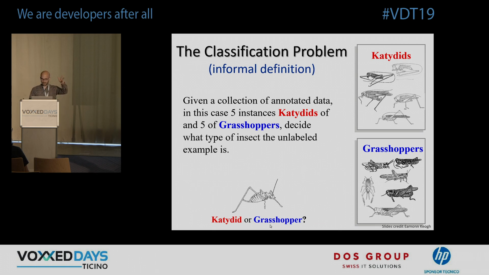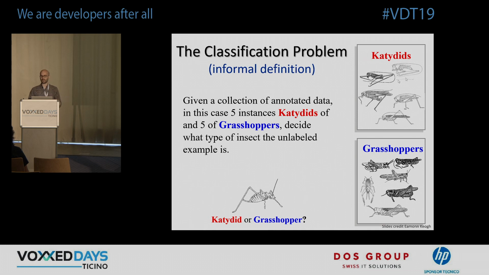That's actually two types. Let's call them the red ones or the blue ones, because saying katydid every time takes a bit of time. We don't really know anything about them, but we want to learn how to distinguish the red guys from the blue guys.